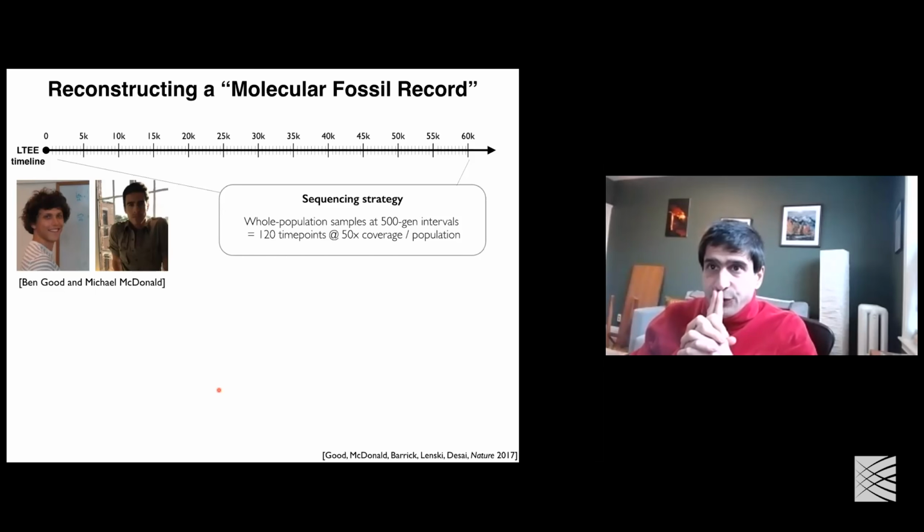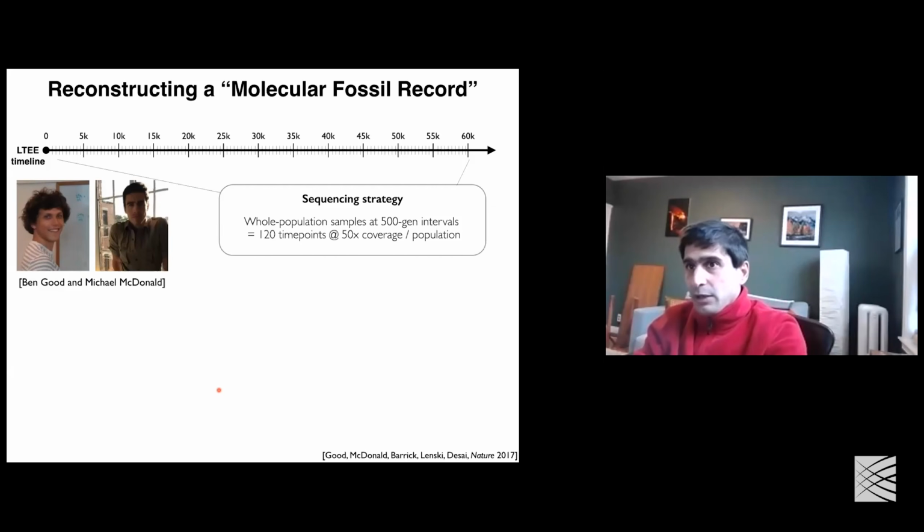So a thing that folks have started doing over the past maybe 8-10 years or so is looking at what are the genetic bases of this phenotypic adaptation and how predictable is the genetic basis of the adaptation. And this, of course, corresponds to our ability now to sequence populations and observe how specific mutations have accumulated through time.